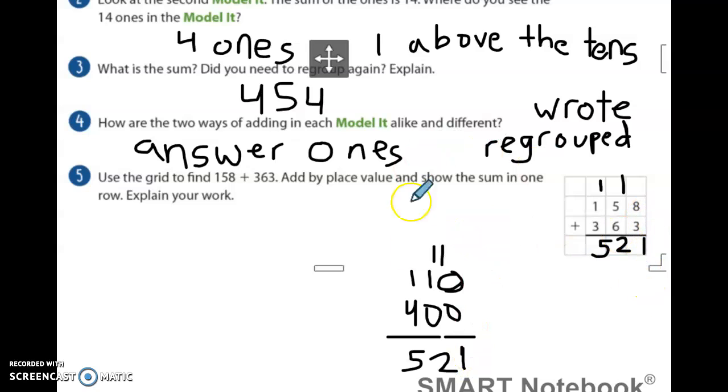So that's if I was to add each one separately. You could also draw a picture and check it if that makes more sense to you. But I would like you to try to learn this regrouping way as long as it makes sense why you're regrouping the numbers that you're regrouping.